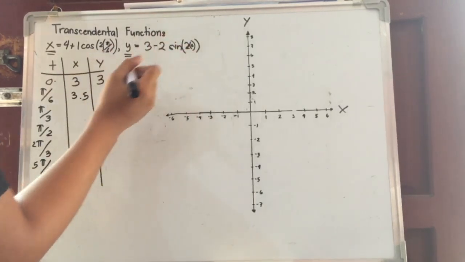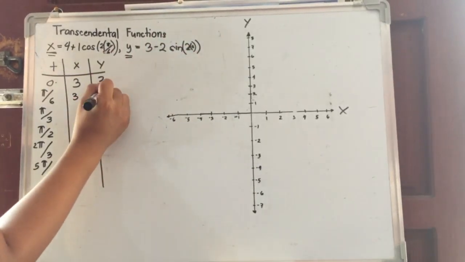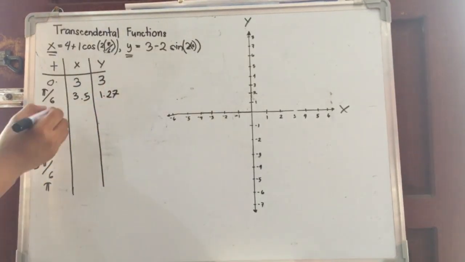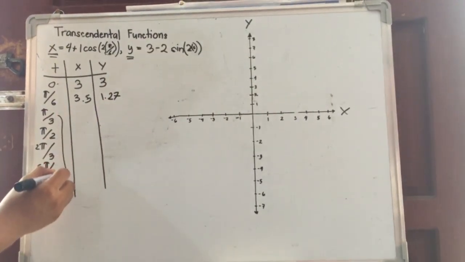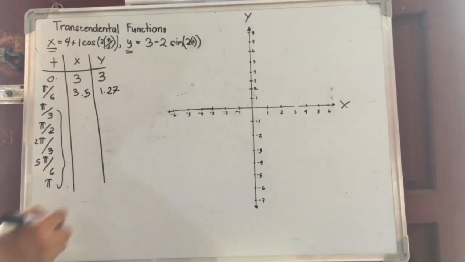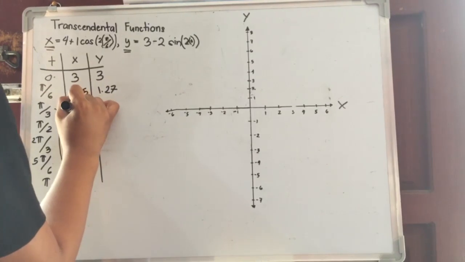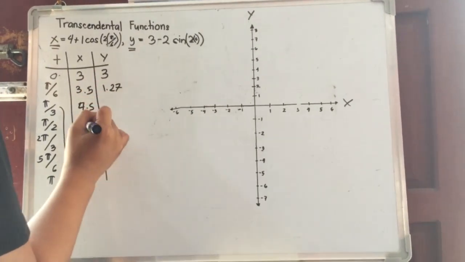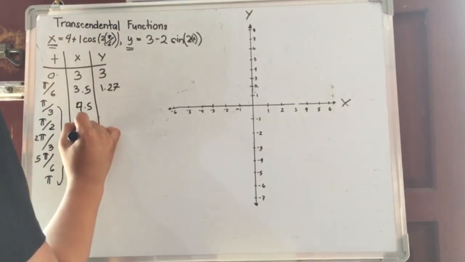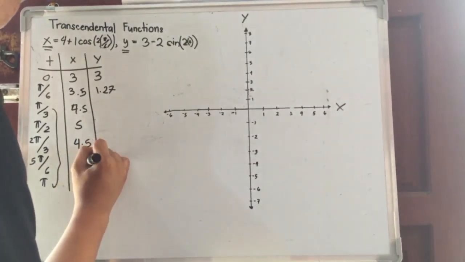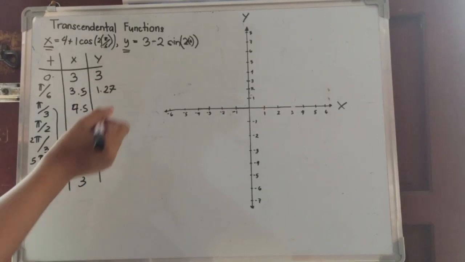For y, the result will be 1.27. So you should input all these values in your calculator. You will get the values 4.5, 5, 4.5, 3.5, and 3 for x.